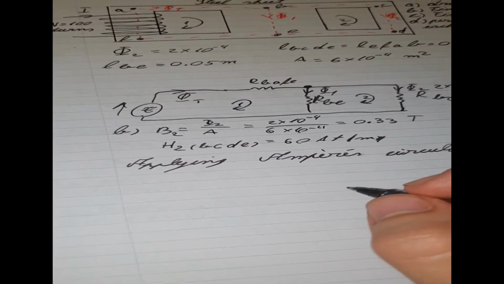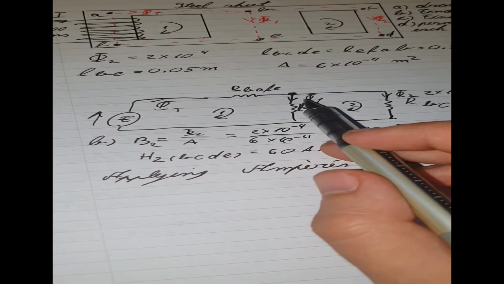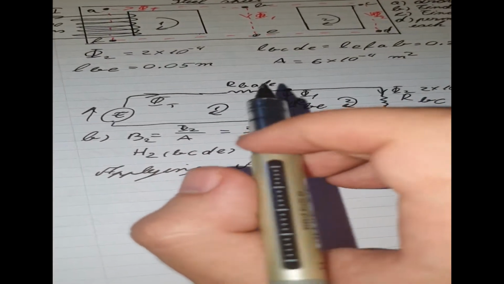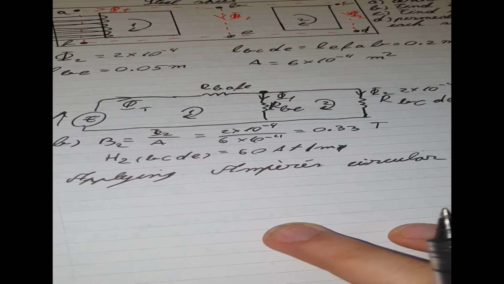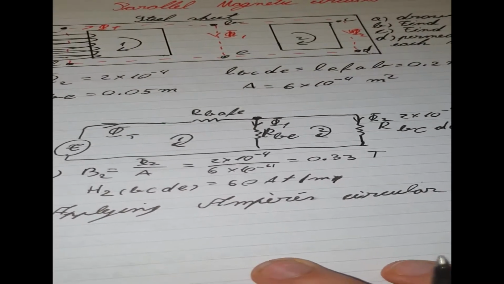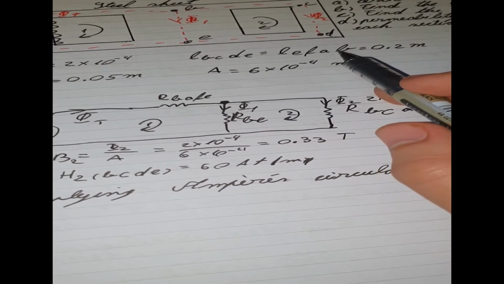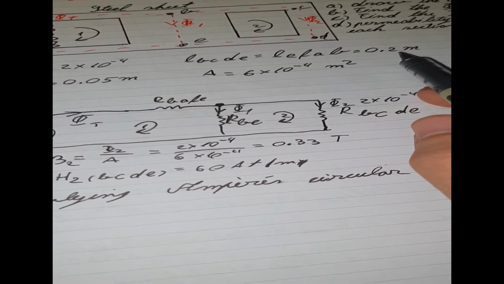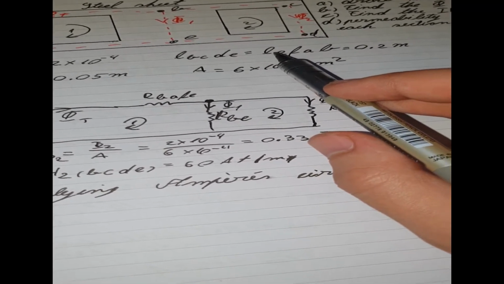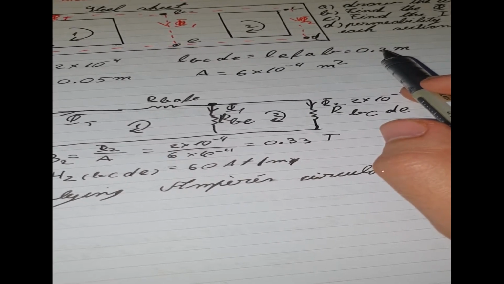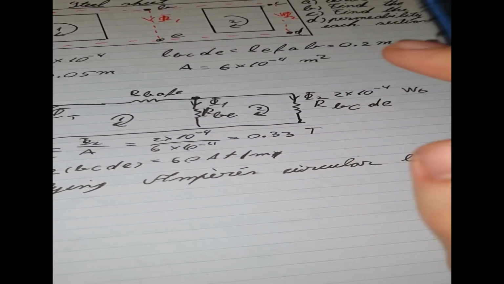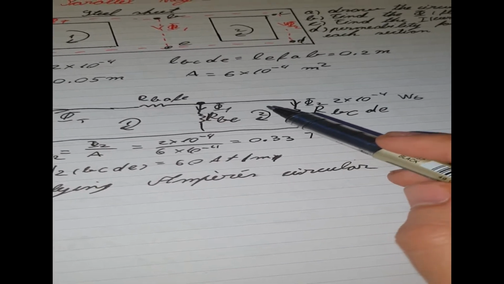Okay, and what we know is that this one is 0.2, and these two are equal, and because these two use the same material, they should be matching, shouldn't they? Inside this loop it's like the voltage law.